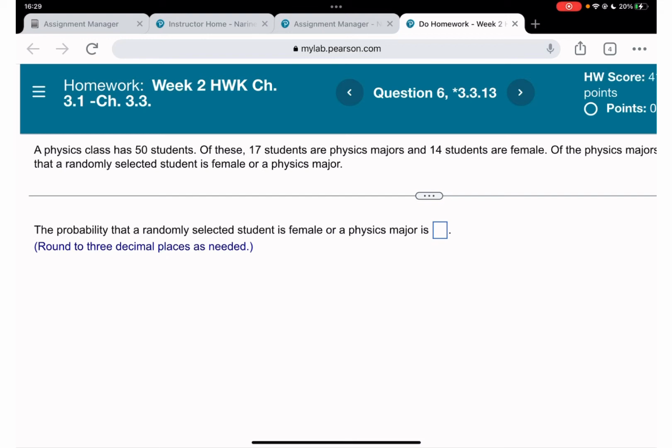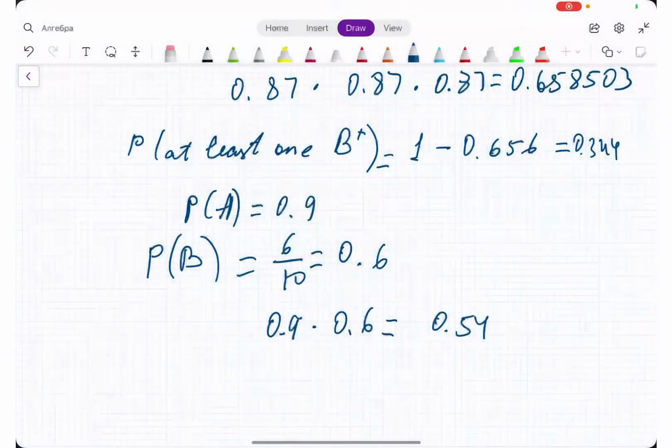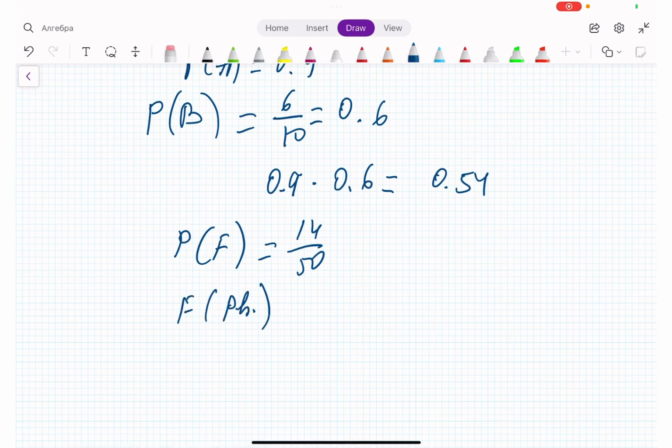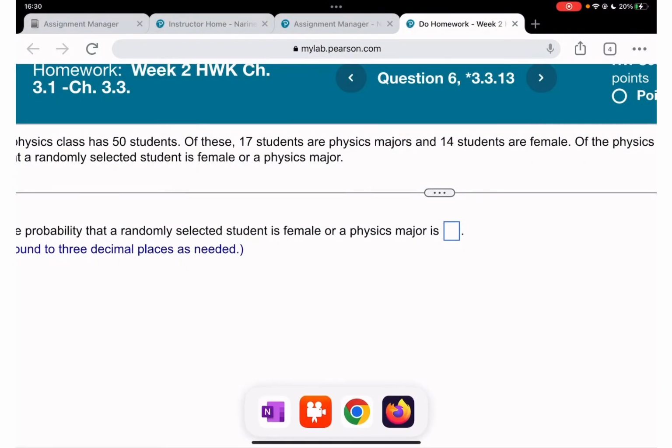So let's find the probability for female. Physics has 50 students. Of these, 17 students are physics majors and 14 are female. So probability of female, 14 over 50. And probability of physics, how much was it? 17.